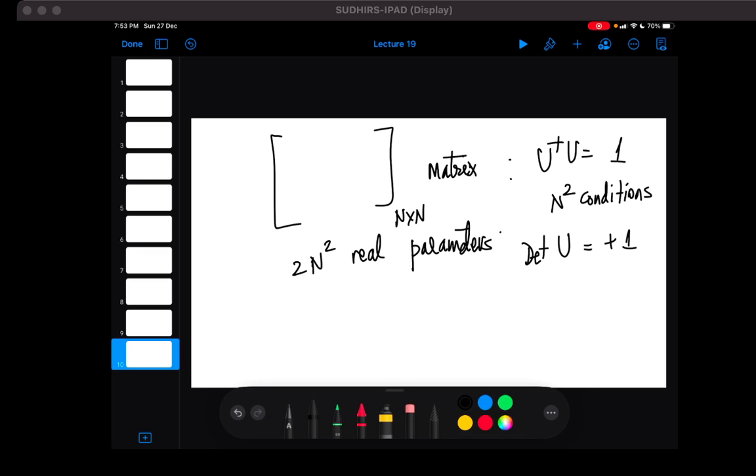So you end up having n square minus 1 real parameters which specify a unitary matrix in n dimensions.